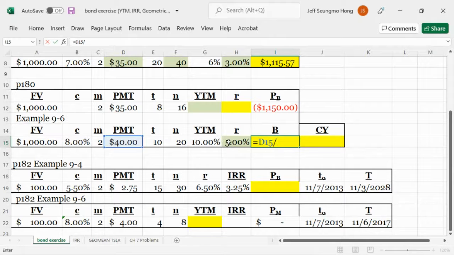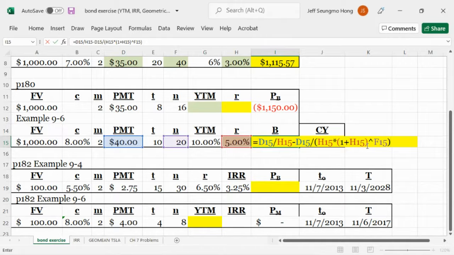And the bond price will be then, using our formula, payment over R minus payment over, open parenthesis, R times 1 plus R raised to 20n, close parenthesis. But this is only the present value of the coupon payments, right?